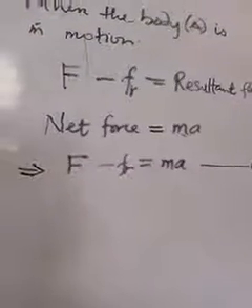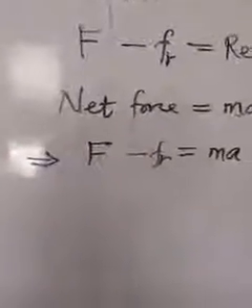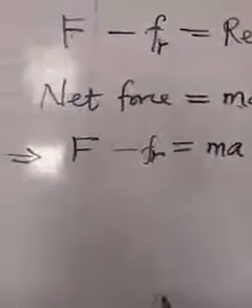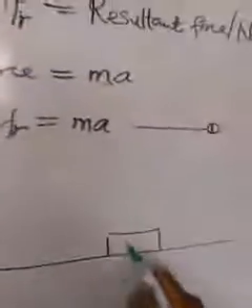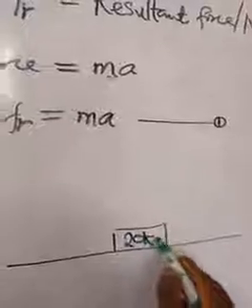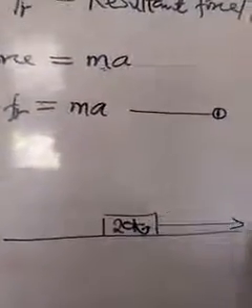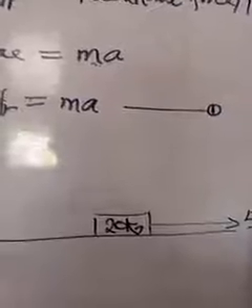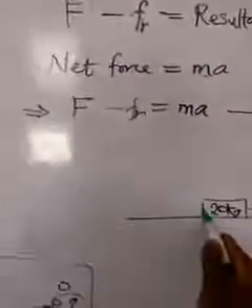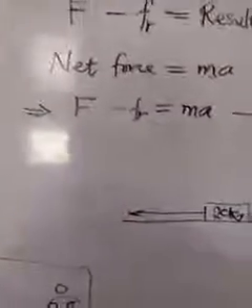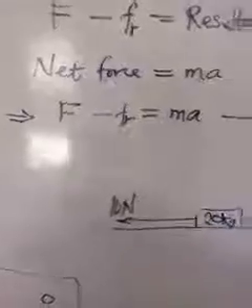Now let's take it this way. Now if you look at it, for example, this is the mass of the body, and the mass of the body is 20 kilograms, and a force of 50 newtons is applied to the body, and a frictional force of, let's say, 10 newtons.